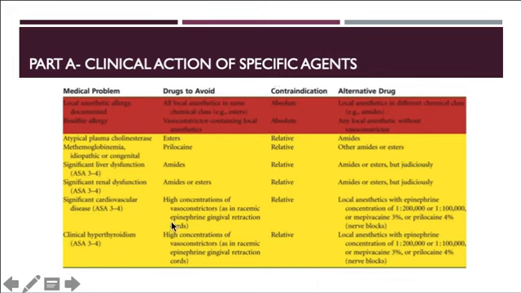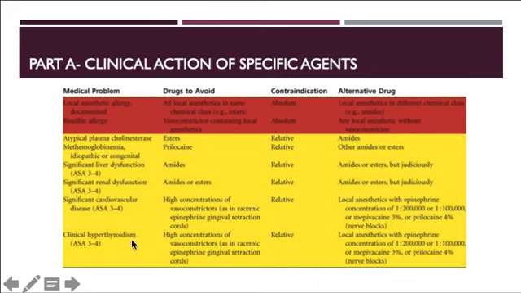And this really talks about what epinephrine does to the vasculature in patients who are already compromised. An alternative would be local anesthetics with epinephrine concentrations of 1 to 200,000 or even 1 to 100,000, or to use mepivacaine or prilocaine with no epinephrine formulated into them. And we'll get to the specifics about these three local anesthetics in just a moment.